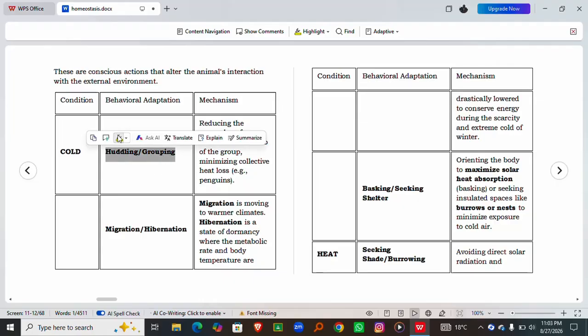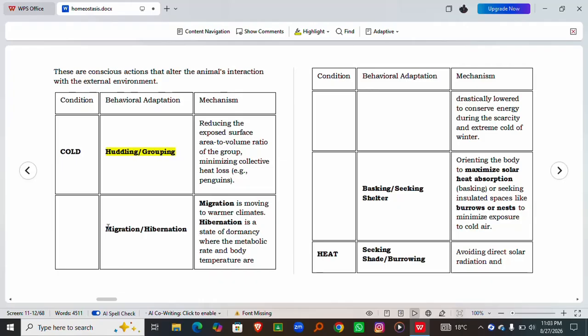When it is too cold, there are some organisms which collect themselves together and group themselves. This helps to reduce the surface area to volume ratio of the group, minimizing collective heat loss. For example, this happens in penguins. When organisms collect together, the surface area for loss of heat is reduced, so they conserve heat within themselves.